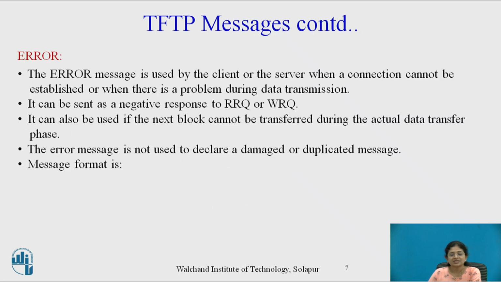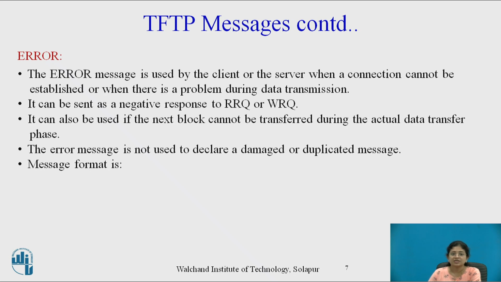Now look at the next message, that is the error message. This message is used by the client or the server when the connection cannot be established or when there is a problem during the data transmission. It can be sent as a negative response to a read request or write request. It can also be used if the next block cannot be transferred during the actual data transfer phase.